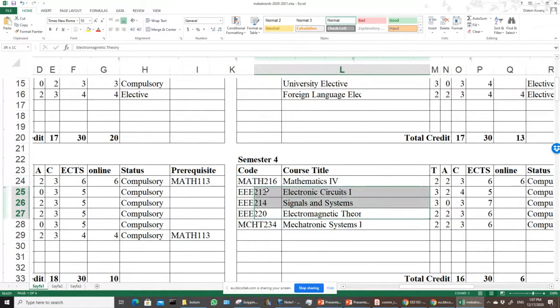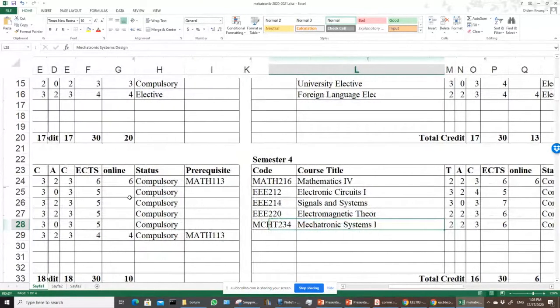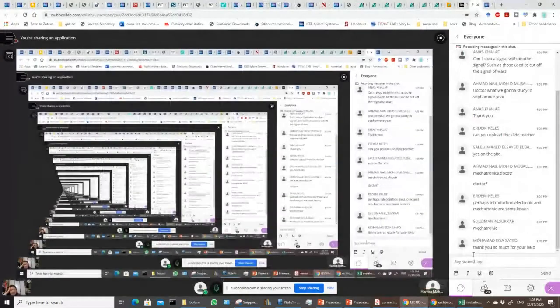Oh, and also electromagnetic theory. All four of them are the same for electrical and mechatronics. You take mechatronic systems, and the electrical engineers take another circuits class, circuits and systems. I think they take another circuits class here the first semester as well. So it's very similar for the second year for mechatronics and electrical engineering.